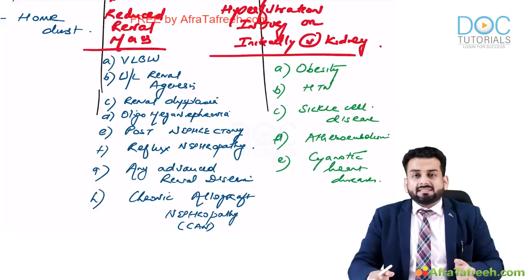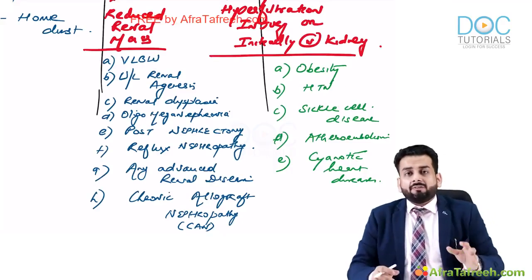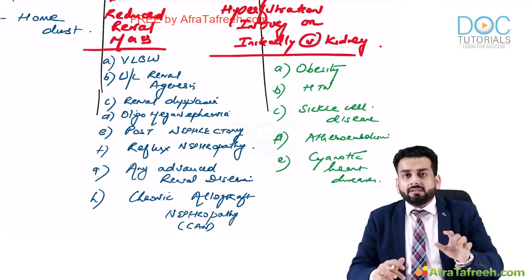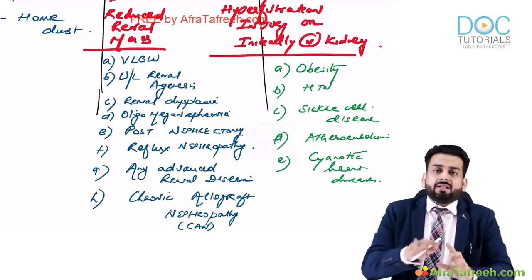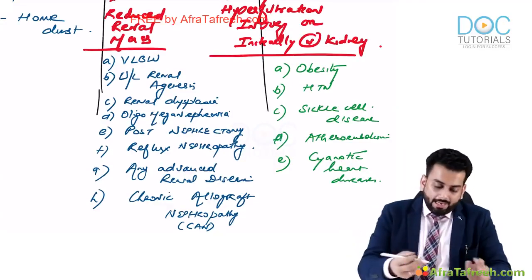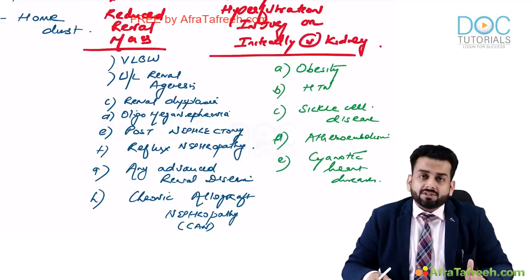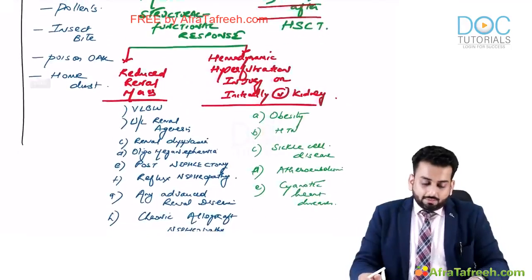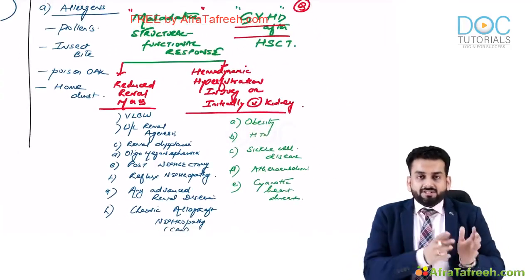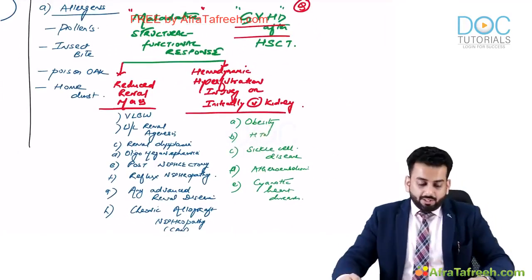So here, these are basically those conditions where there is functional hypoxia of the kidney leading to hyperfiltration and hemodynamic stress on the kidney, eventually damaging the kidney and causing FSGS. So these are all the causes of MCD, FSGS and membranous written together.